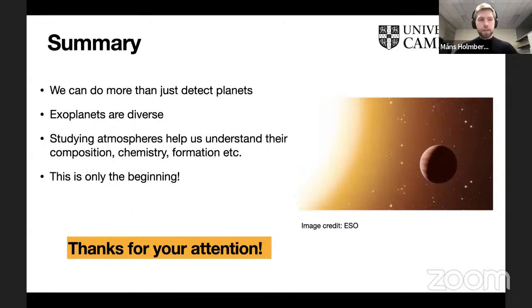So, to conclude, we can do more than just detect planets. Exoplanets are diverse. We have found exoplanets with every type of orbit and with different temperatures, different densities.